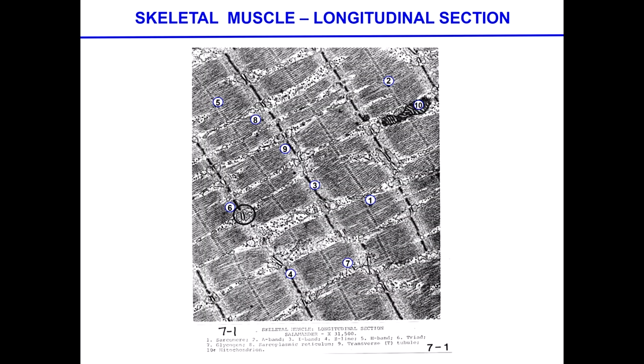This is another picture of the same kind of arrangement where the different bands are identified, but this time instead of putting names, they are numbers, though we can all identify what they are.